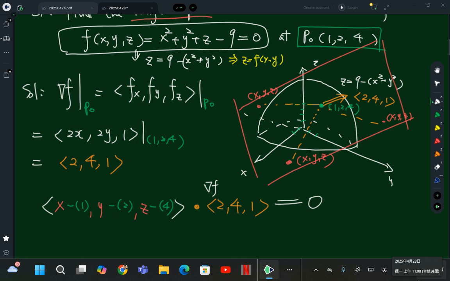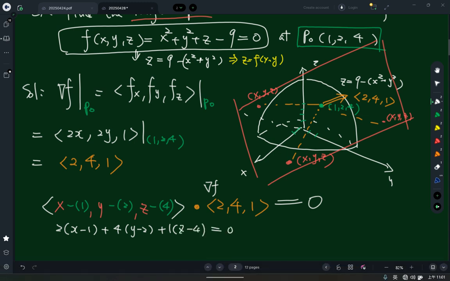Then when we take the inner product, we get 2 times x minus 1 plus 4 times y minus 2, plus 1 times z minus 4.